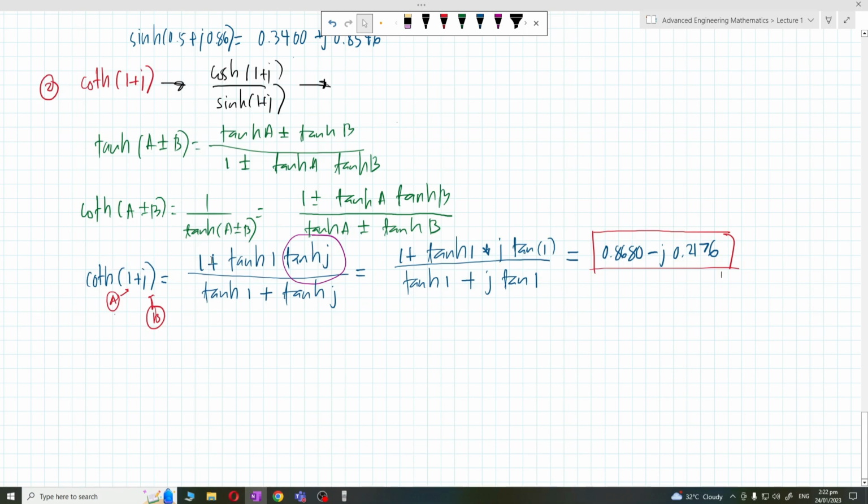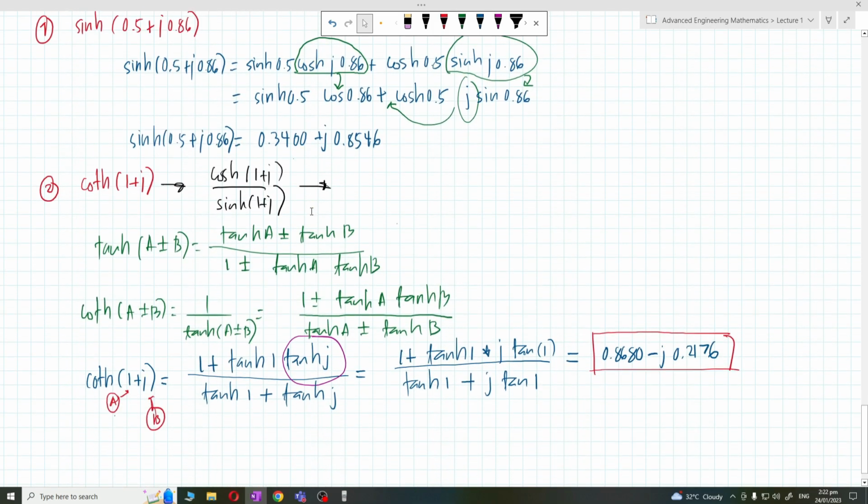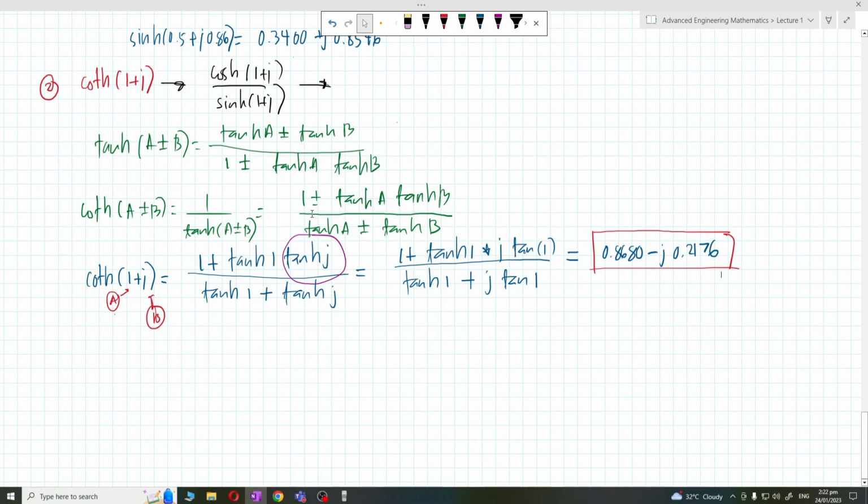Okay, so next natin guys, number 3, secant hyperbolic of 5 e raised to j pi over 6.